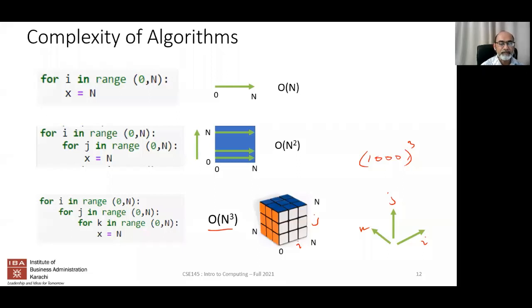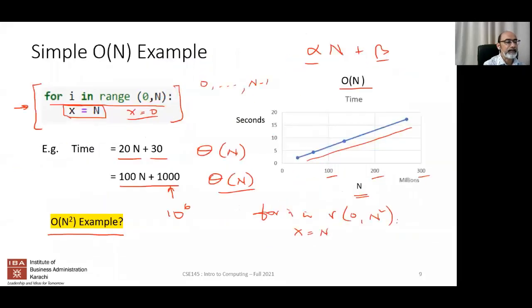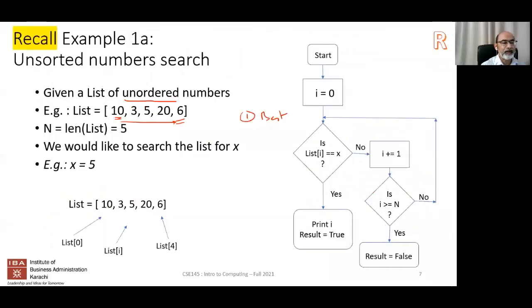This complexity is at the heart of computer science. In computer science, what you're trying to do is write algorithms which ideally are linear in whatever you're trying to do. For example, in the previous example, you're trying to find a number inside of an ordered or unordered list.